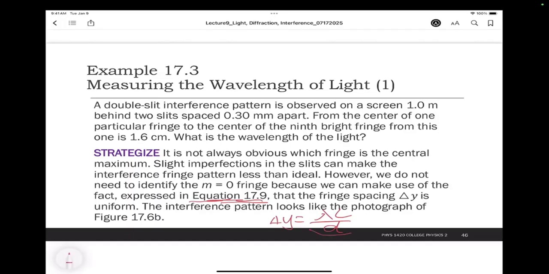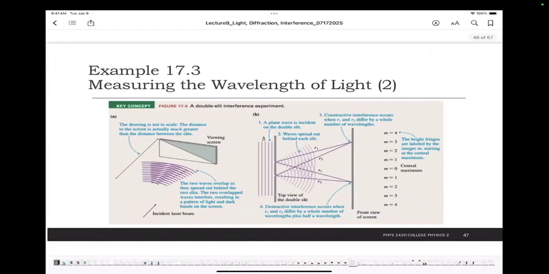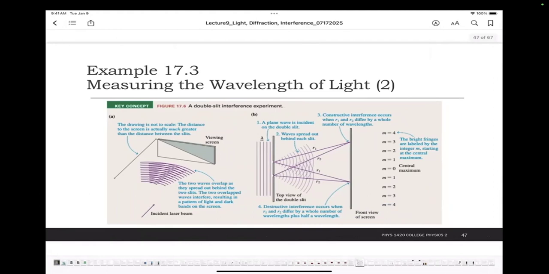So the interference pattern looks like the photograph, figure 17.6b. Yeah, it's just like this image.